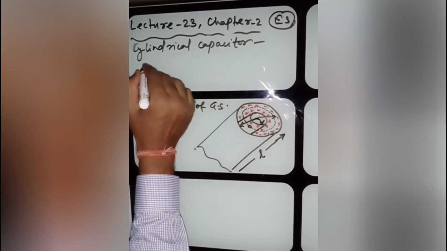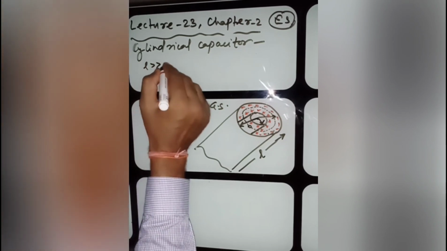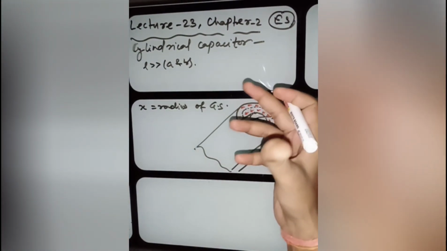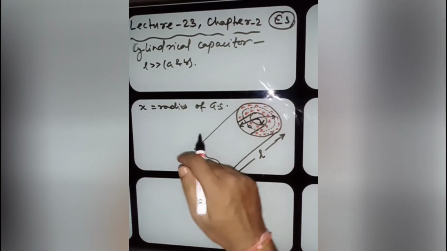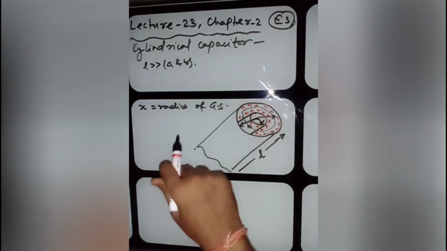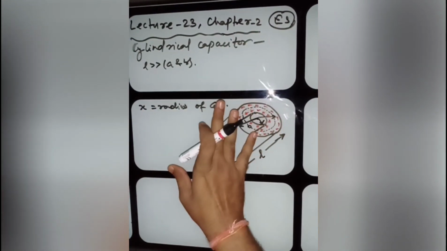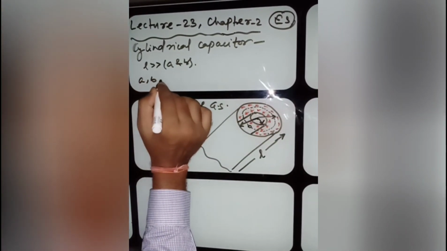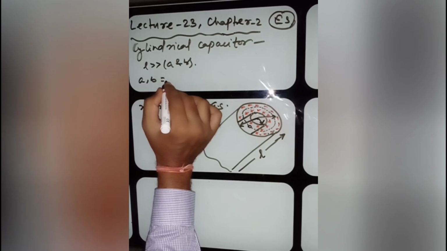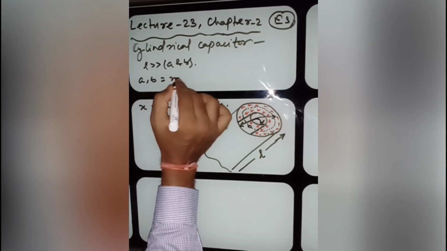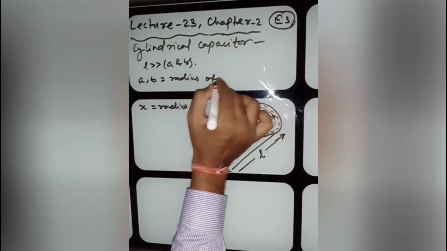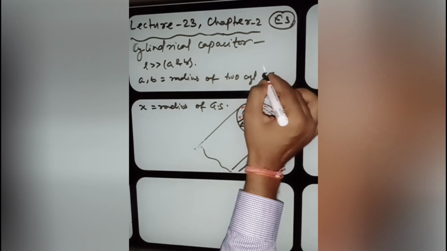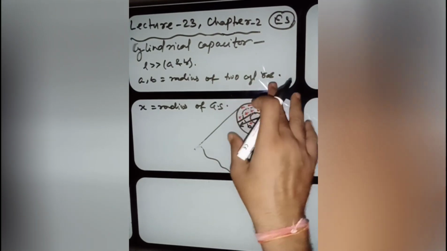The condition we are using here is that L is much greater than both the radii a and b of the two cylinders. Here, a and b are the radii of the two cylinders respectively.